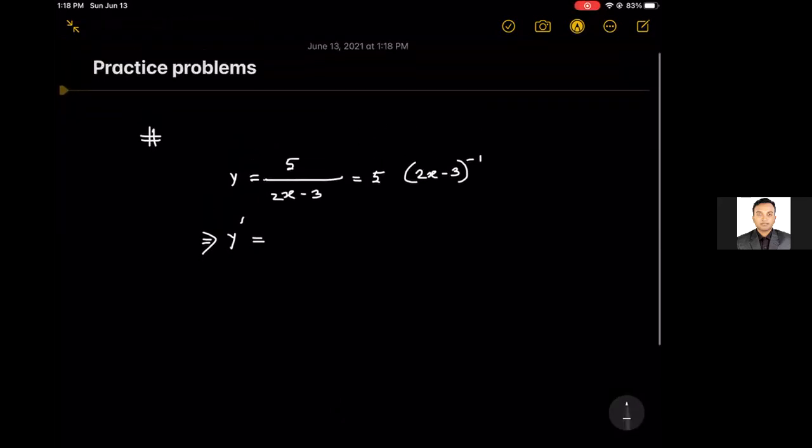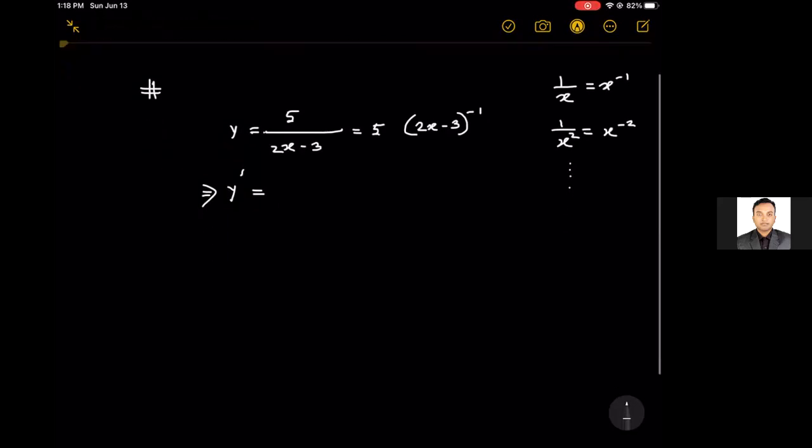And this is because 1 over x can be rewritten as x to the negative 1. It's actually true for any exponent. This can be written as x to the negative 2, so on and so forth. We can write 1 over x to the n as x to the negative n. I'm using the same principle here to rewrite the denominator as this.